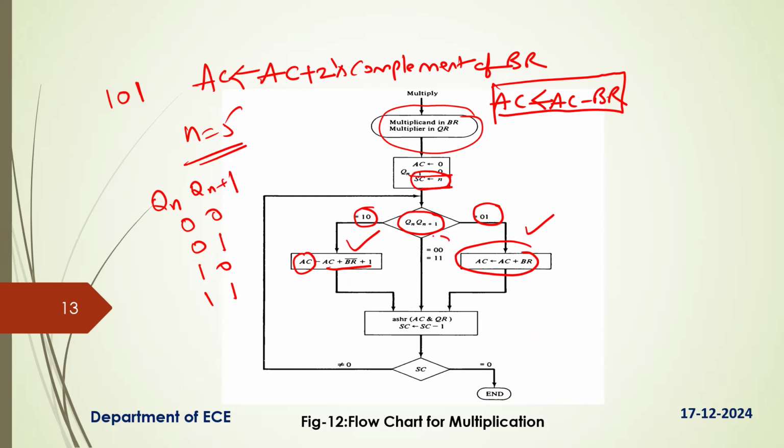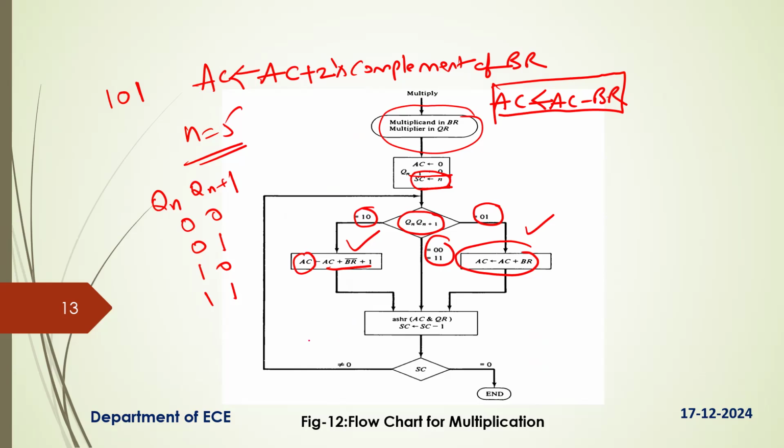When Qn and Qn plus 1 are 0, 0 or 1, 1, that is, when these two are the same, there is no change and the partial product remains unchanged.